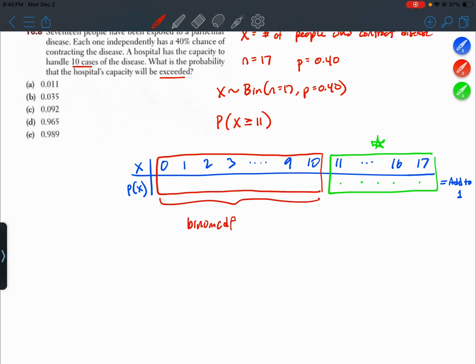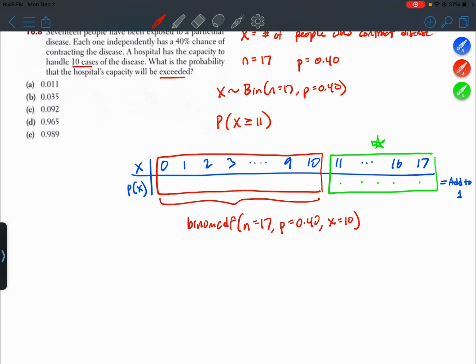Okay, so it's asking for the number of trials, which I know is 17. It's asking for P, the probability of success, which we know is 0.4. It's asking for the X value, so that is the maximum value we want to go to, in this case up to 10. And that's it. It just needs those three inputs, okay?